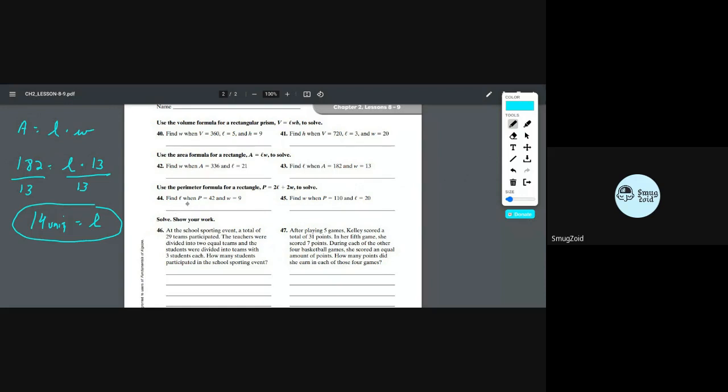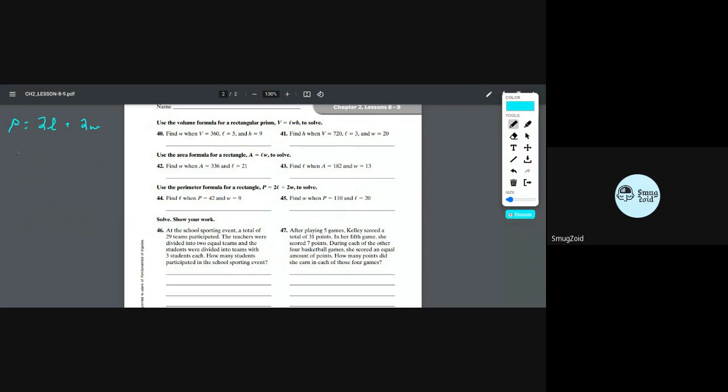This next one says find L when P equals 42, W equals 9. This is a perimeter one. Oh, these are so much more fun. Maybe, right? Perimeter equals 2L plus 2W.